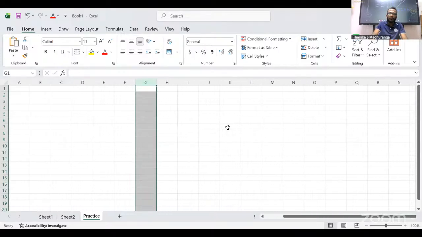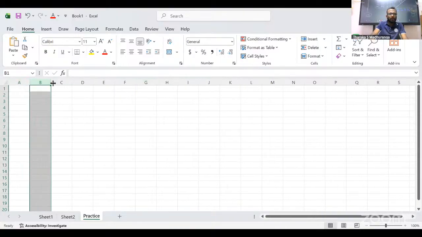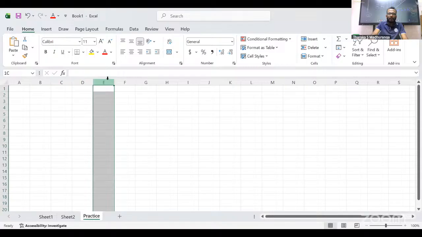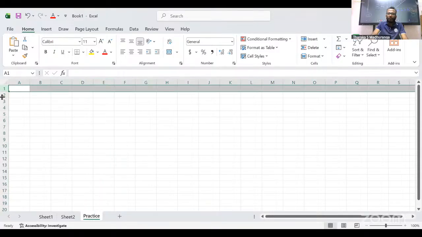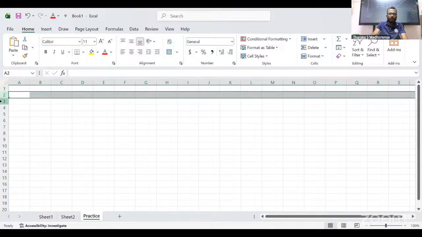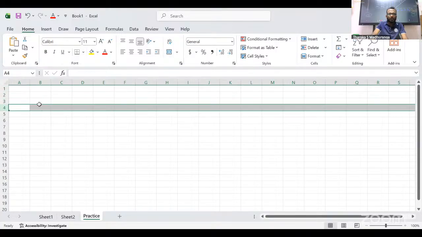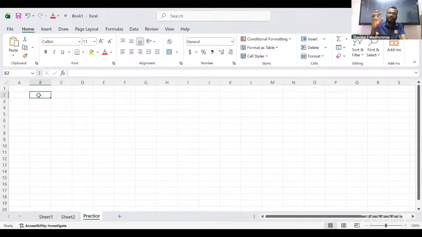We can have any number of columns. And these are the rows. Each cell has a cell number, right?